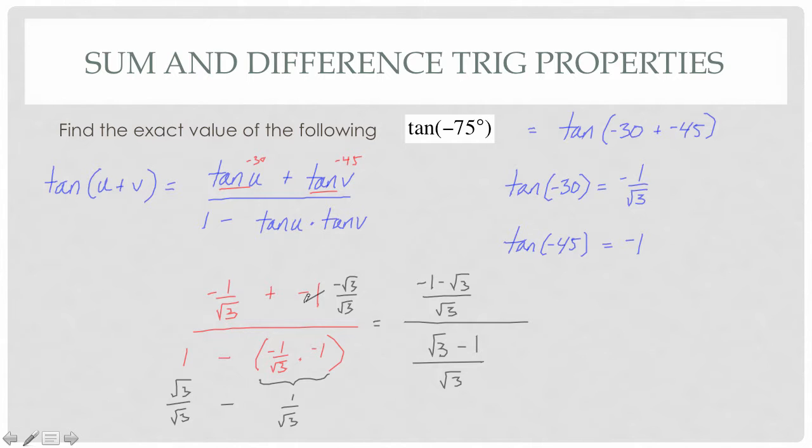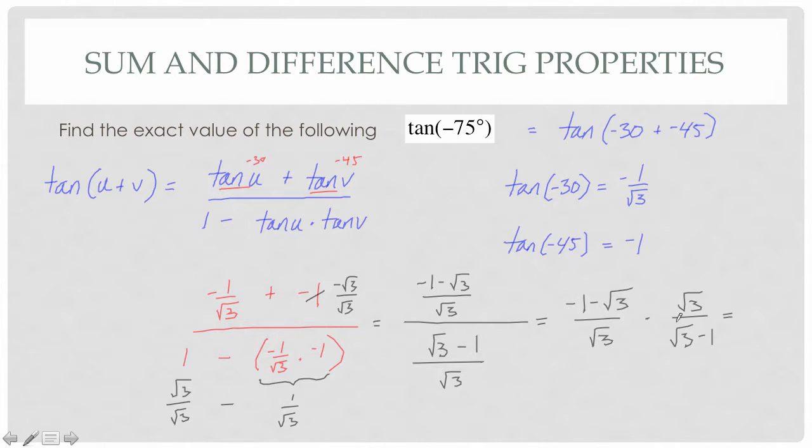Okay, so we combined terms, did a little bit of rational work here. I can rewrite this instead of a division problem into a multiplication problem by the reciprocal. So we got negative 1 minus the square root of 3 over the square root of 3 times the square root of 3 over the square root of 3 minus 1.